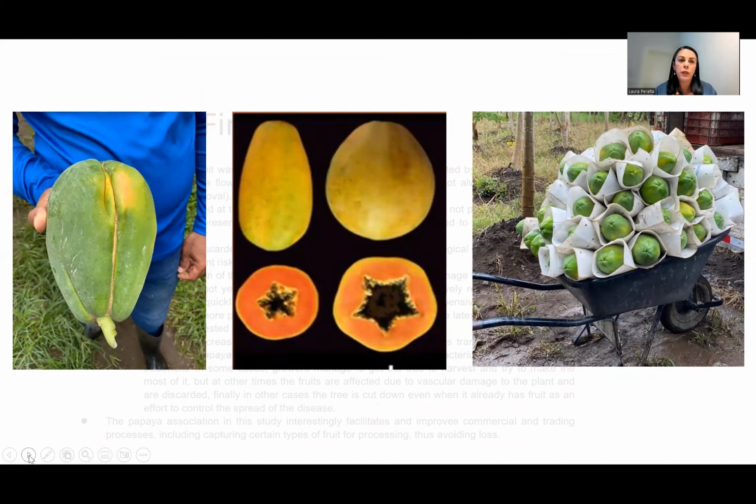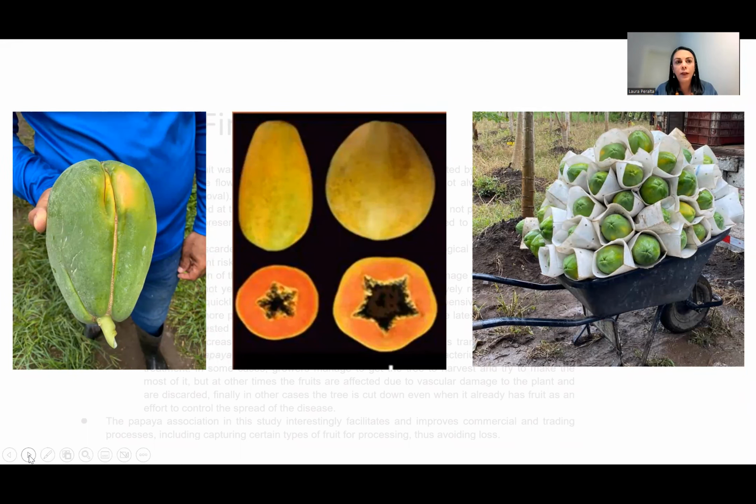So these are some of the reasons for losses. On one case, we can find different physiological disorders that would cause different shapes in the papaya, that it's not closing well when the fruit is being formed. So in these cases, sometimes papaya would be rejected either from international markets for sure, and sometimes even for national markets.